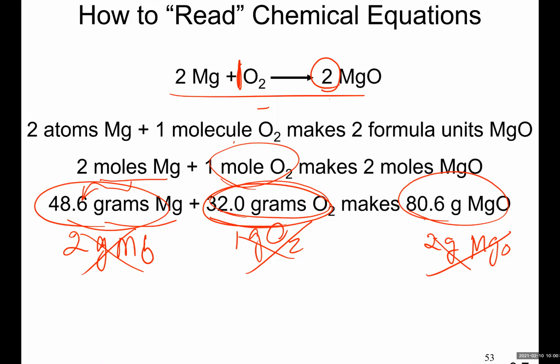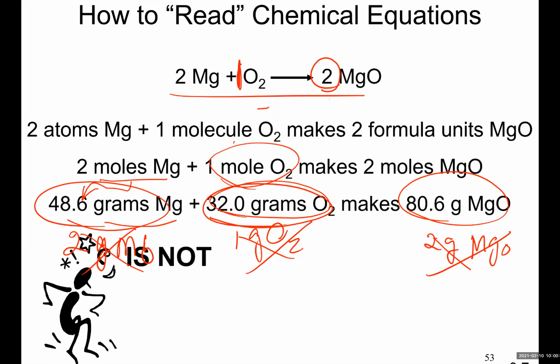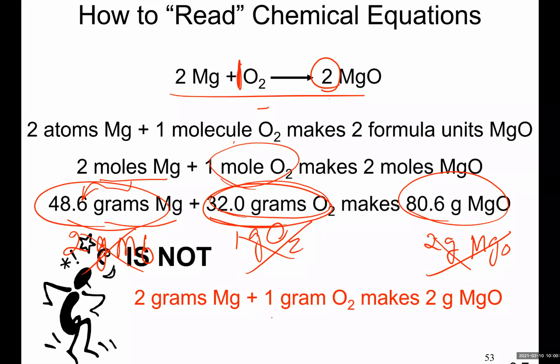So you make a significant error if you read a chemical equation in terms of grams. Always read them in terms of moles and then translate from moles, using the definition of moles, to grams. So it is not 2 grams of magnesium and 1 gram of oxygen to make 2 grams of magnesium oxide.